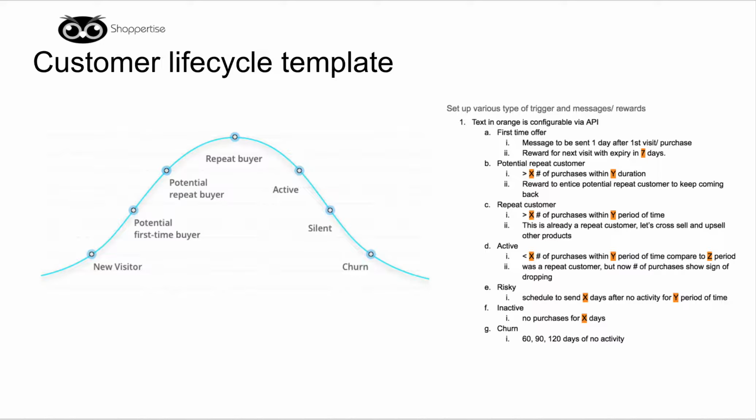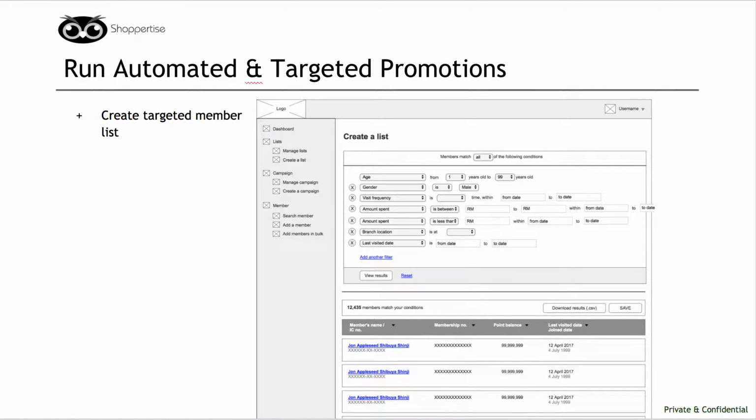So the next screen I'm going to show you would be on the automated targeted promotion. This one would be rather semi-auto, I would say. So the seller in this case, NAS, they can, because we have already collected all their basic information, if we allow them to log in with Facebook, WeChat, and all that, we will be able to get some of their basic information from here.